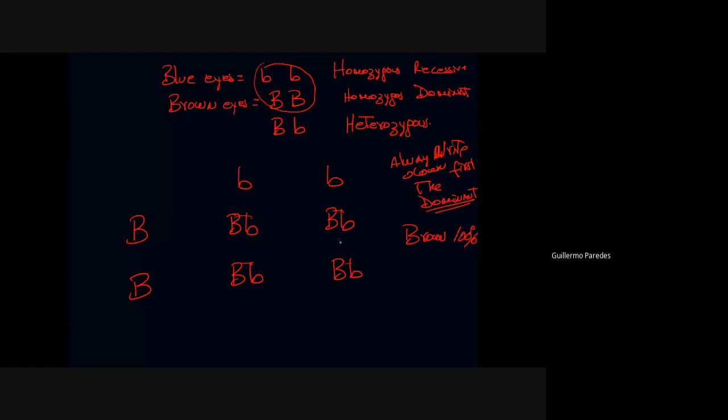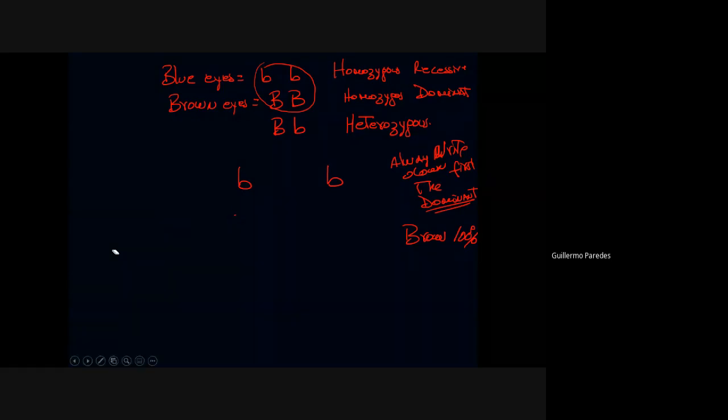Okay? All right. So now let's make it the blue eyes mother with a heterozygous father, brown and blue. So what you're going to put here is capital, lowercase, capital, lowercase, lowercase, lowercase, lowercase, lowercase. Okay? So what is the result of this?